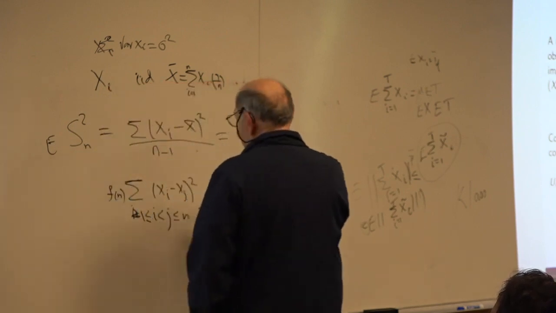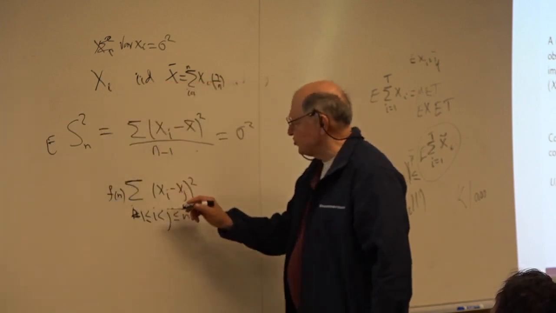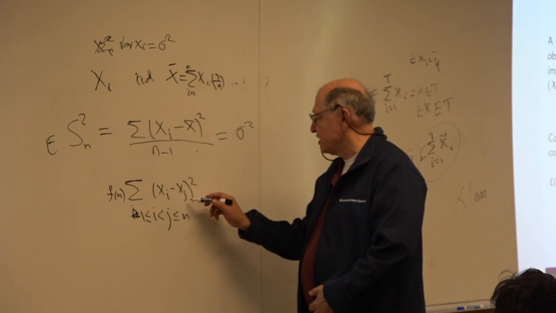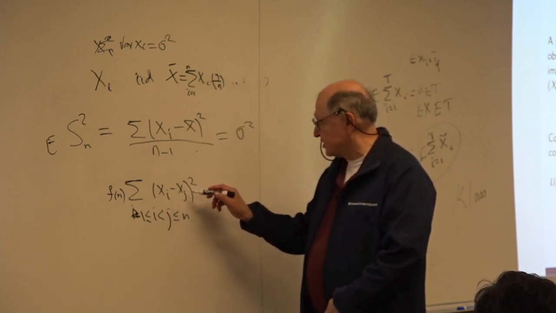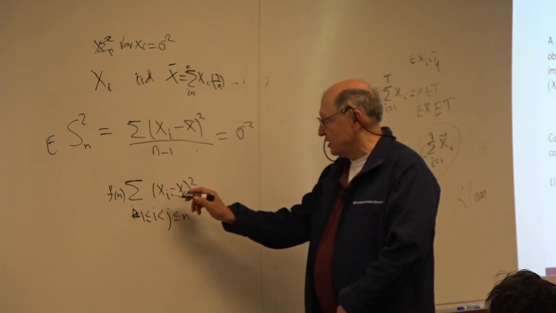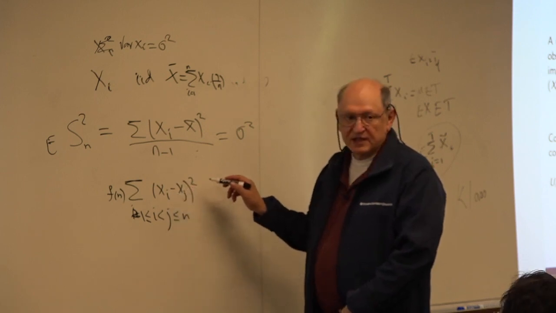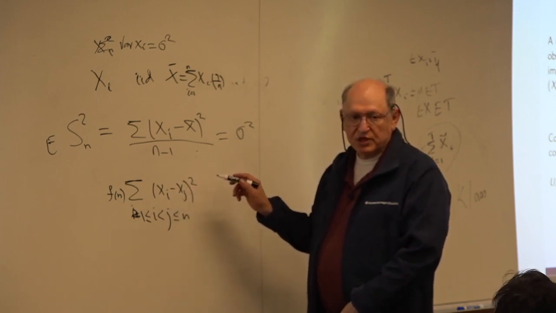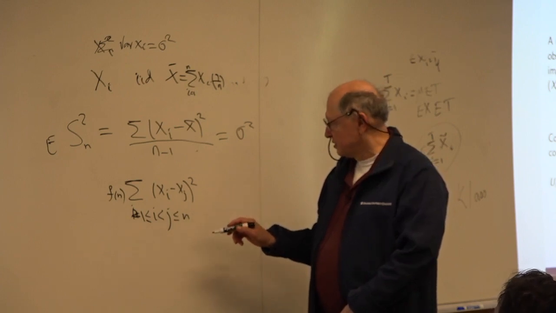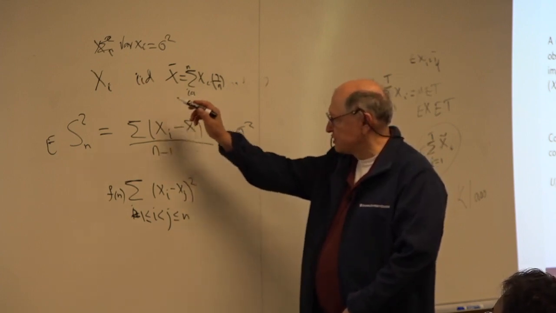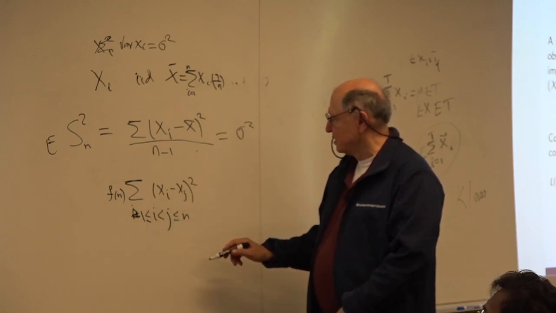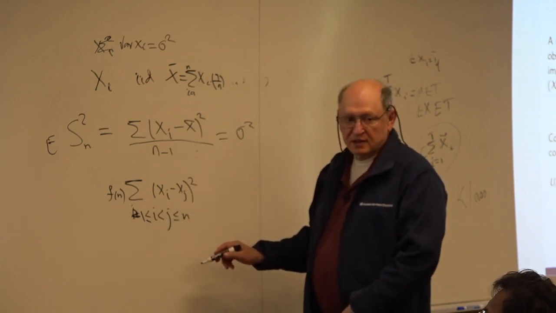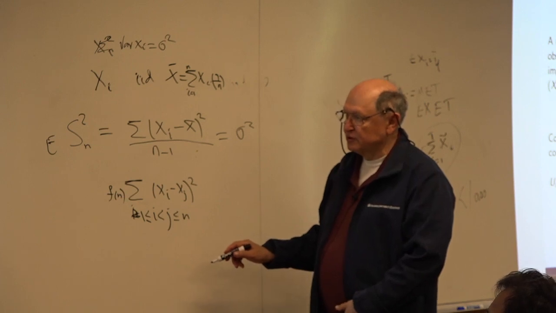Now, this is permutation invariant because the square of xi minus xj is equal to the square of xj minus xi. That's what I meant by permutation invariant. Okay, so the sample variance is a U statistic according to the definition.